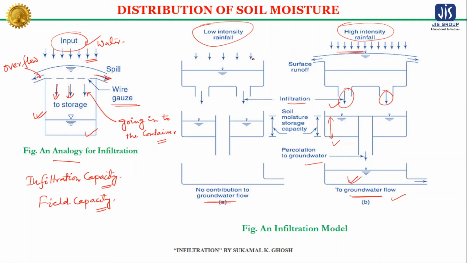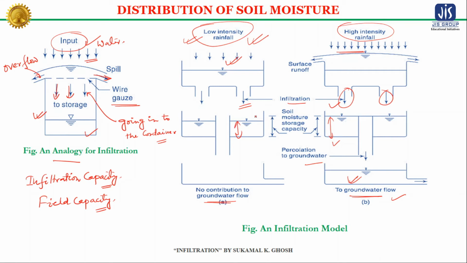But on the contrary, the low intensity rainfall does not have the ability to saturate the soil fully. Even if it saturates the soil fully, there may be no water remaining which can contribute to the groundwater flow. You can see here, this is the low intensity of rainfall, and after contributing to the infiltration, it is very difficult for the low intensity rainfall to reach the field capacity.